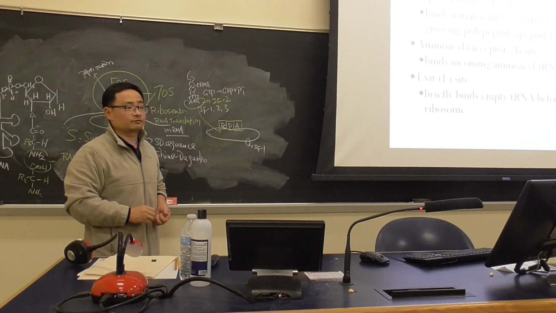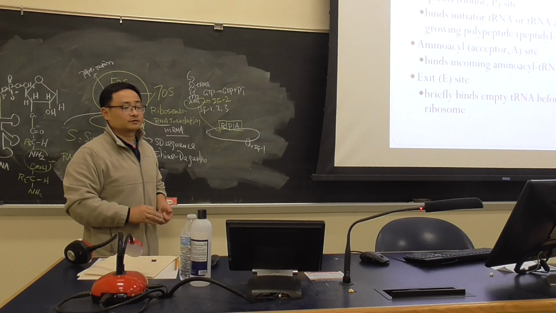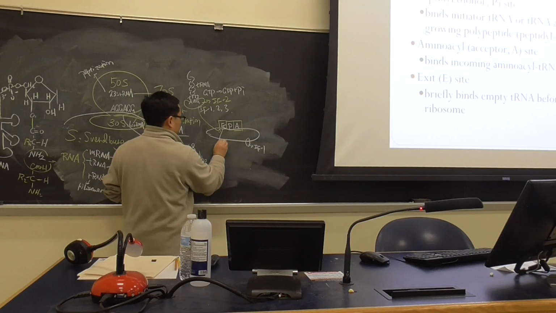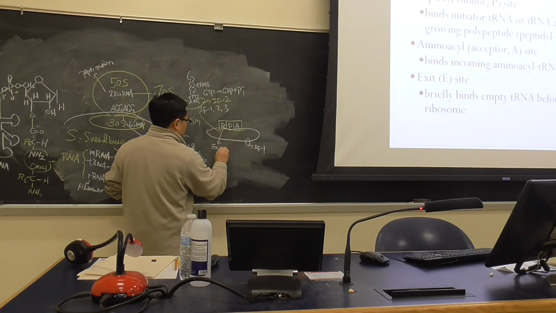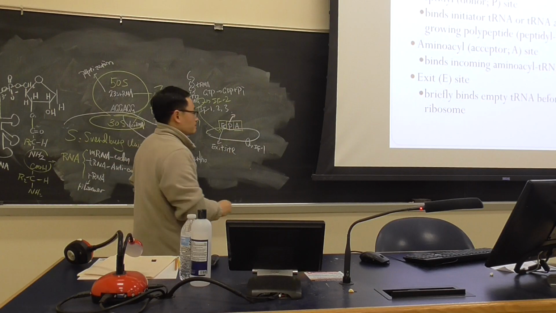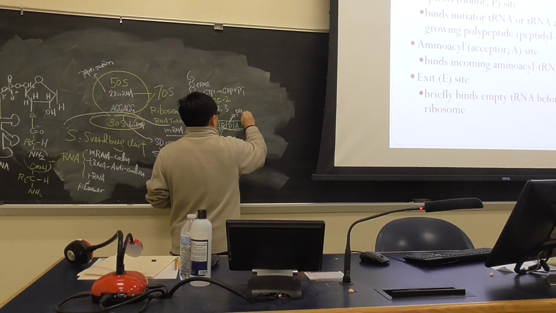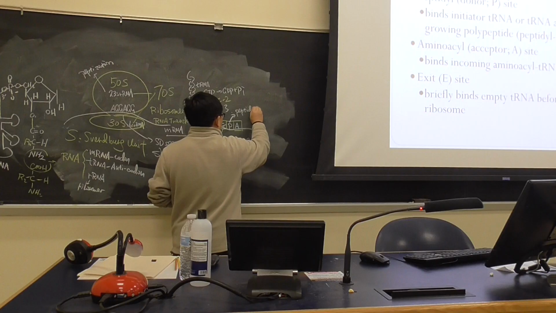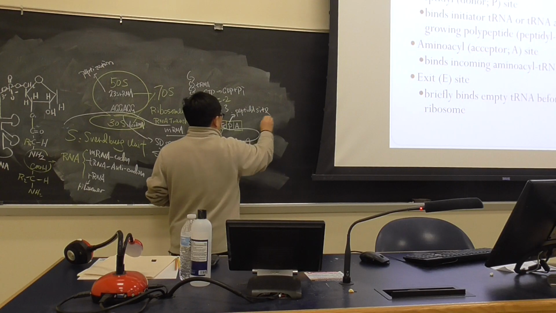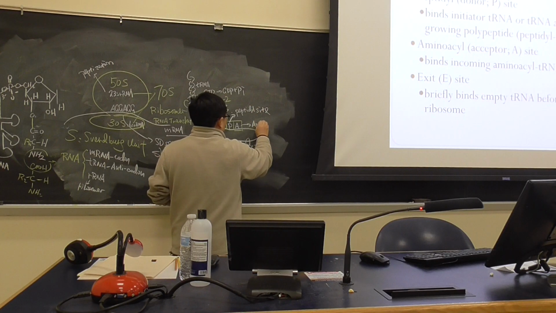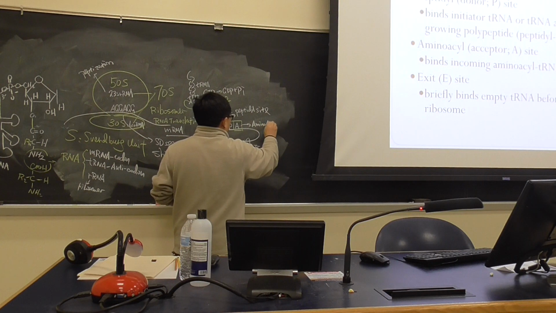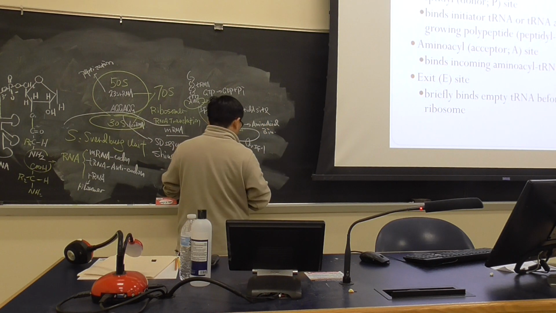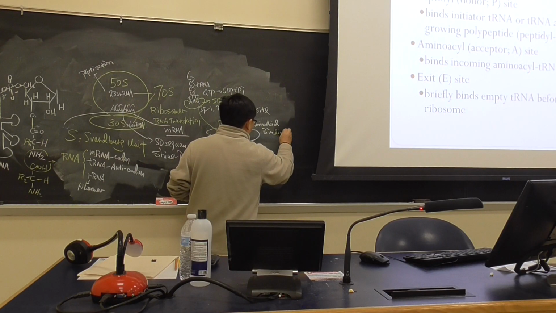We look at the news every day, they talk about that. That stands for different things. What does the E mean? Exit site. What does the P mean? Peptidyl site. What does the A mean? Amino acid binding site.